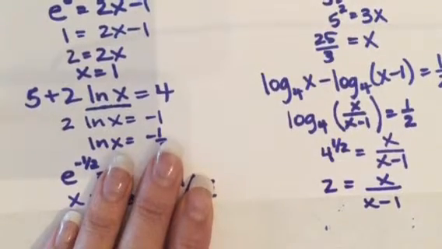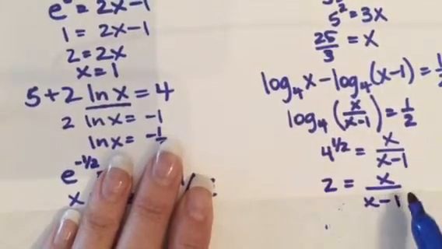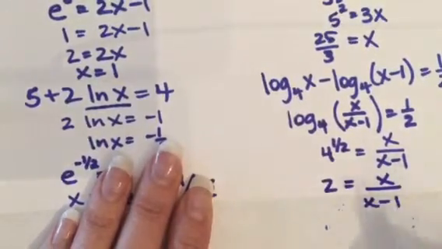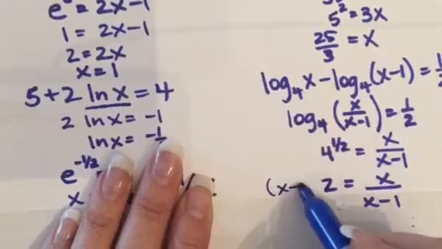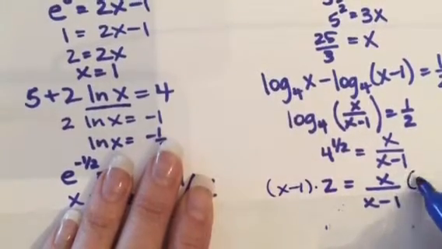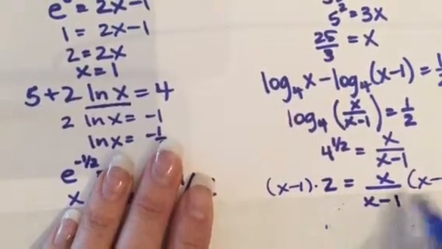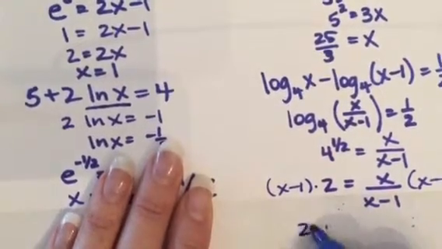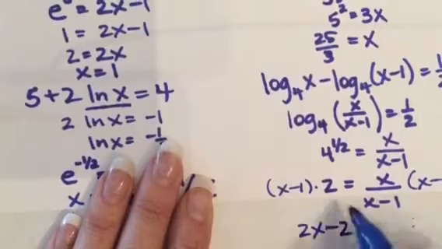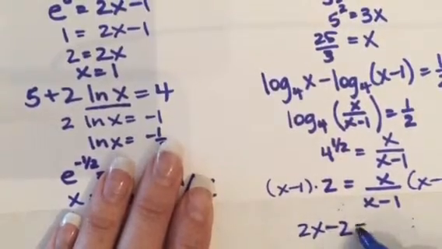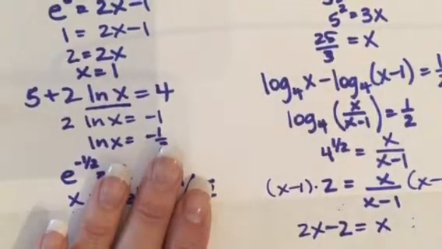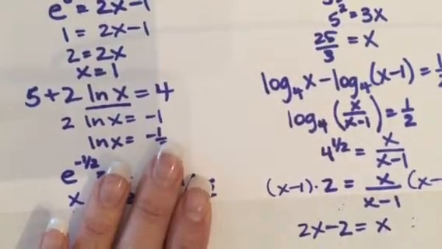And recall that we can get rid of a denominator by multiplying both sides by that denominator. So we're going to multiply this side by x minus 1 and this side by x minus 1. These would cancel, right? And we'd have x on the one side. So we would have 2x minus 2 by distribution is equal to x. 2x minus 2 is equal to x.